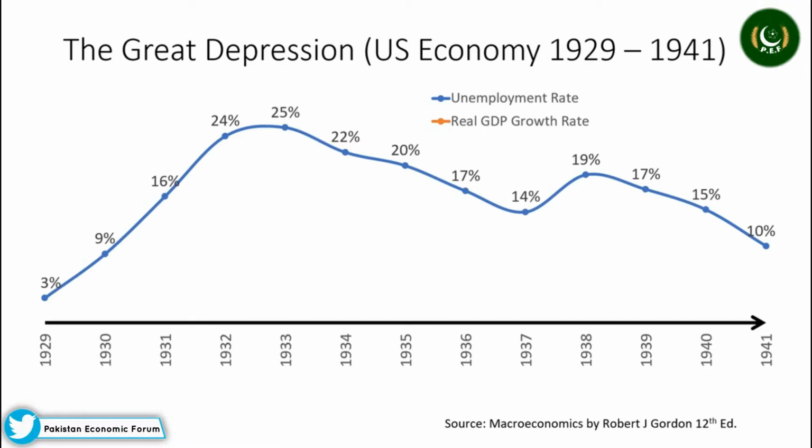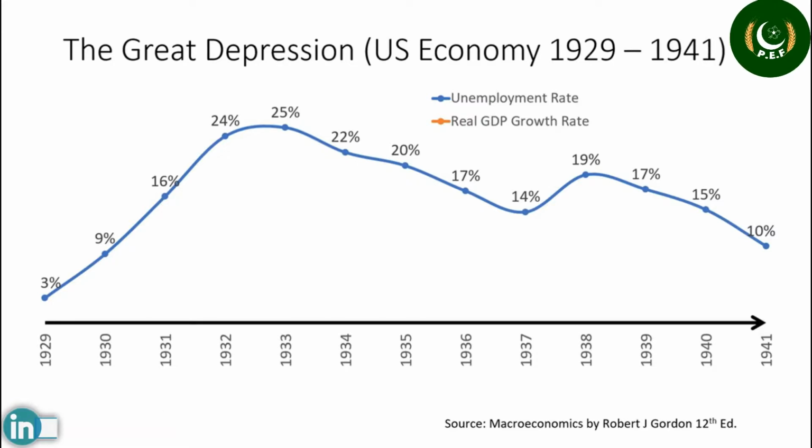And we can see that the unemployment rates rose from 3.2% of the labor force in 1929 to 25.2% in 1933. The 1933 year was the lowest point of economic activity during the Great Depression. The unemployment rate remained over 10% throughout the decade.